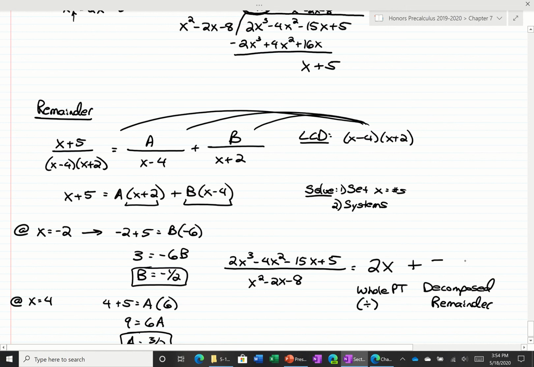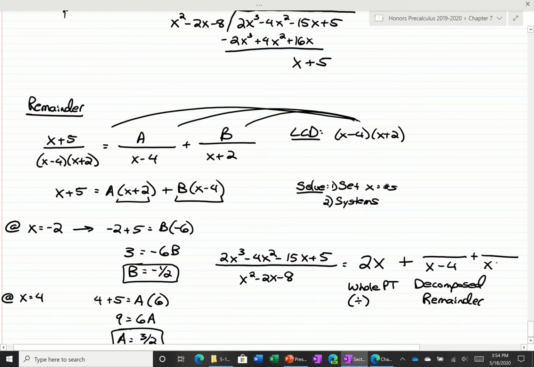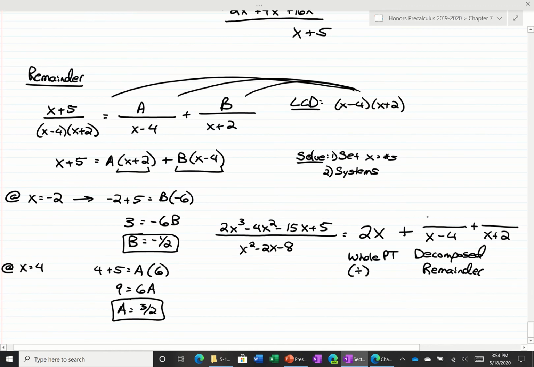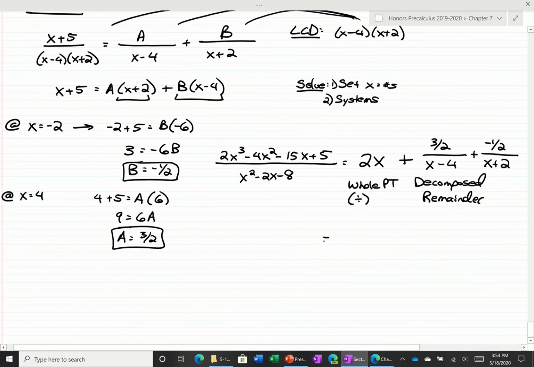All right, so we had A over x minus 4 plus B over x plus 2. And A was 3/2, and B was negative 1/2. That's a little bit funny to write a fraction over a fraction. So 3/2 divided by x minus 4 is the same thing as 3 over 2 times 1 over x minus 4. It'd just be a little bit better if we wrote it like this. And that would be the right answer.